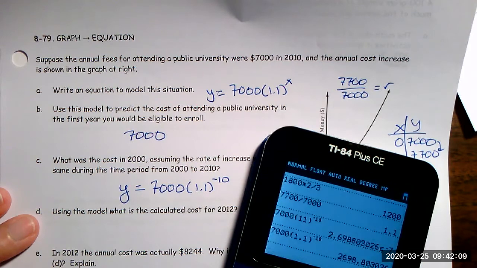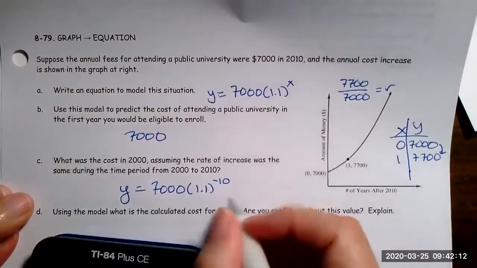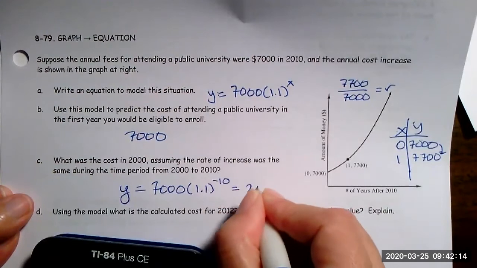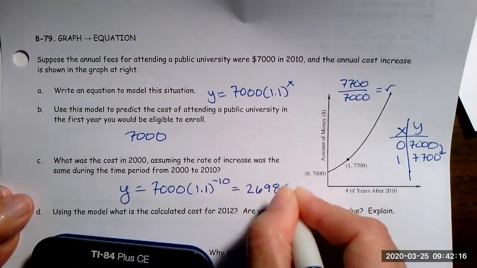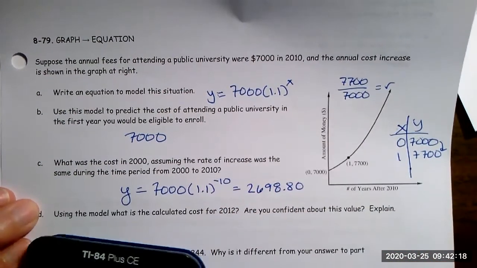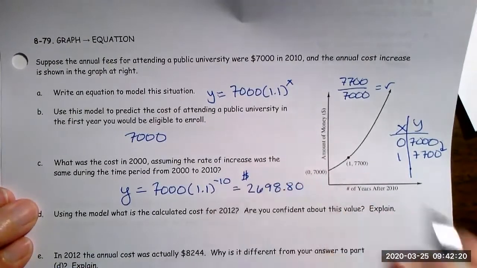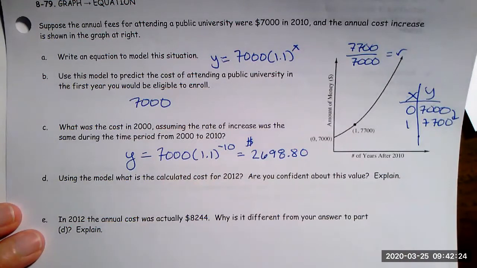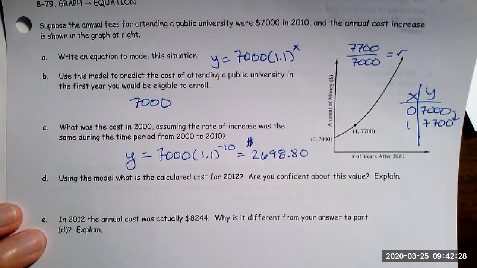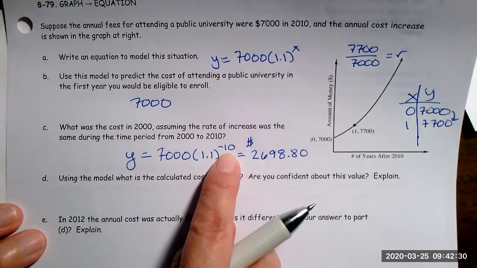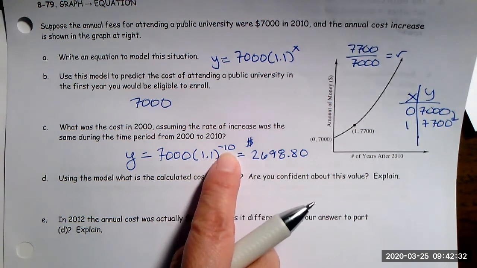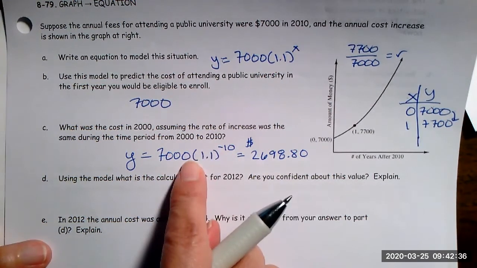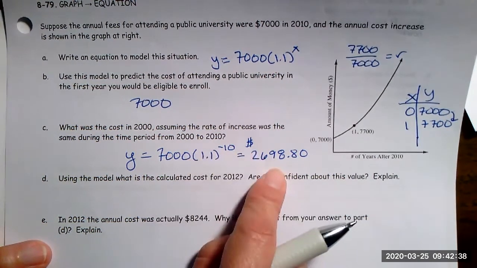There we go. So that's 2,000. $698.80. Right, so 10 years ago, that's what it would have cost, according to our model. And then you could actually figure out the rest. But I wanted to deal with when we make predictions, this is a big idea in our class. When you make a prediction, we're going to use our model to make our prediction.